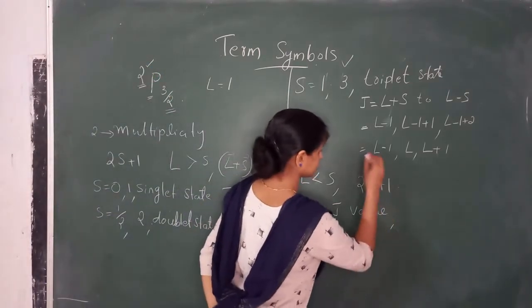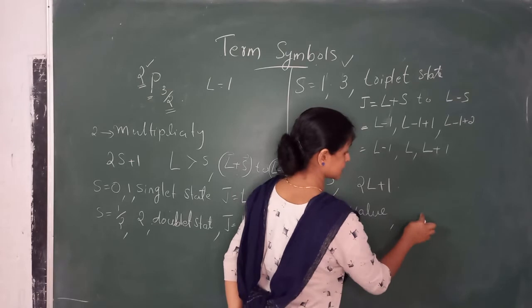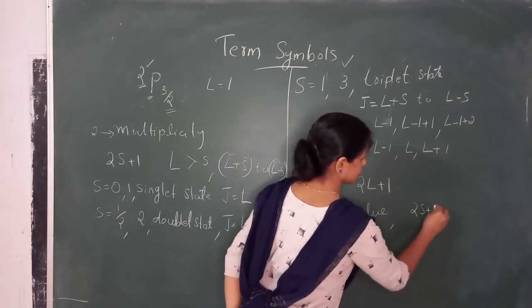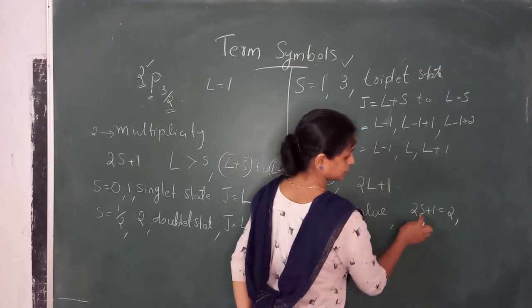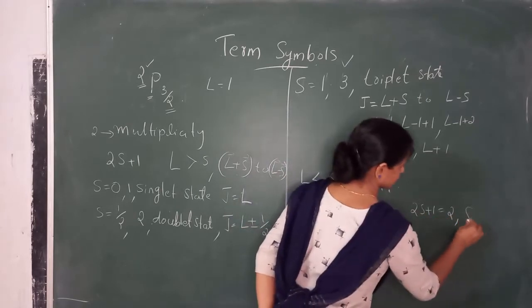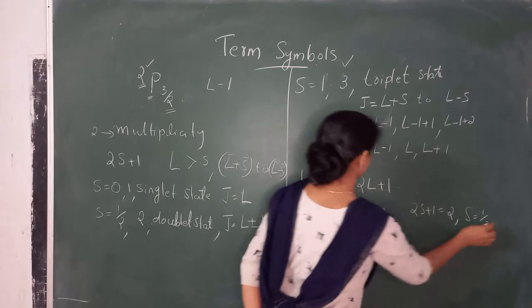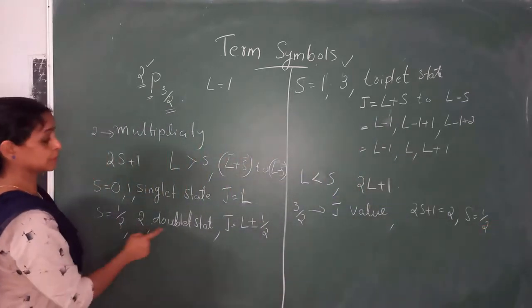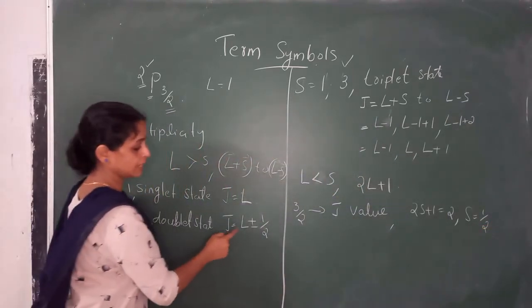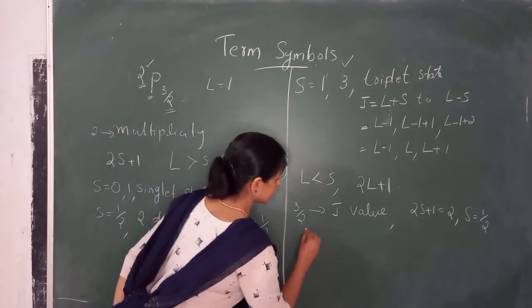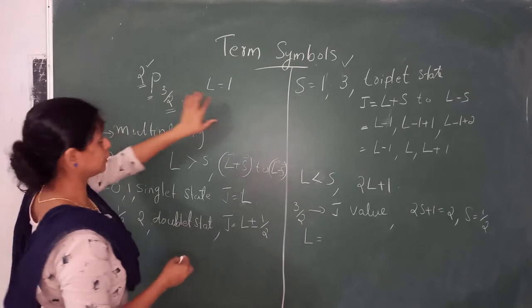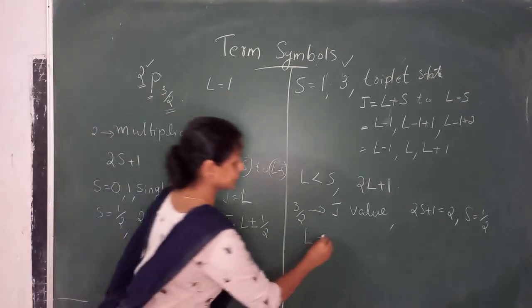Here 2 is the multiplicity, that is 2S plus 1 equal to 2. That means S is equal to 1 by 2. S equal to 1 by 2 means there will be 2 states. J will have L minus S and L plus S. So what is the value of L here? The value of L is equal to 1.